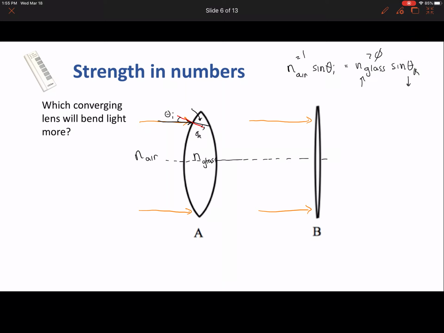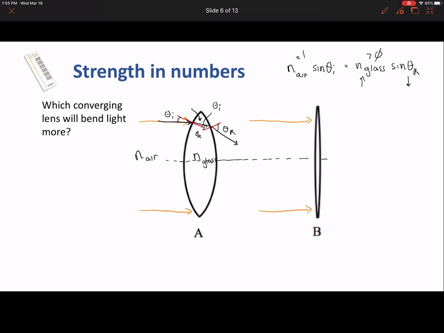Now, that beam will then go through the lens and hit the other side, where I have a different normal at a different angle. Now I have, and this is getting small, but I have an angle of incidence here. Now I'm going from a larger n to a smaller n. When I do that, I actually have a greater angle of refraction.